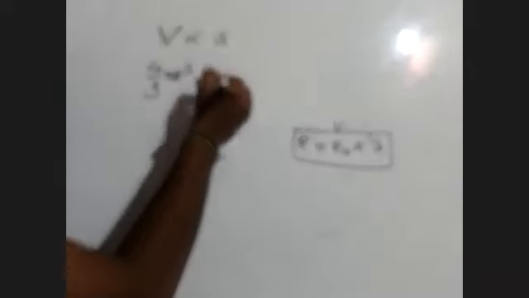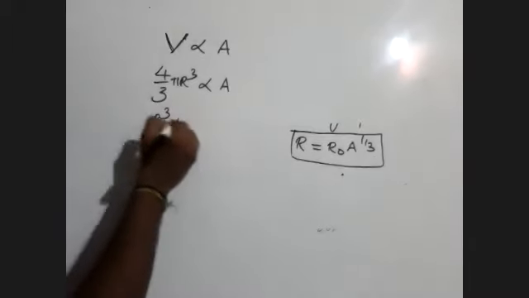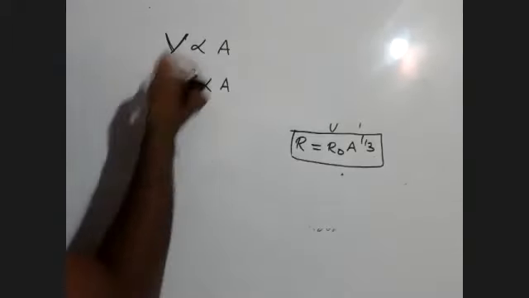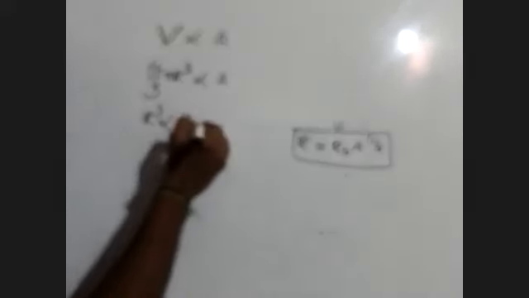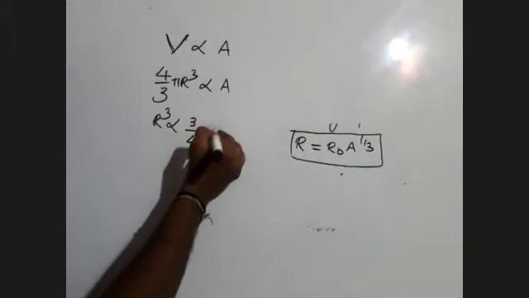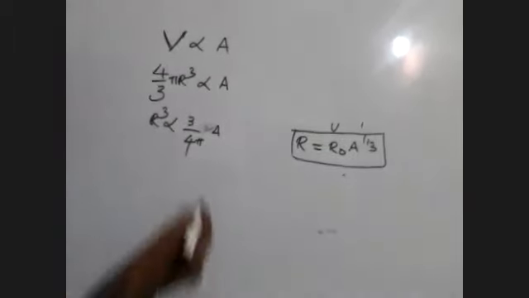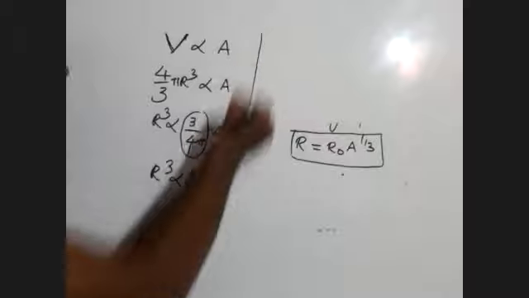This is proportional to A. So r³ is proportional to A, sending 3/4π to the other side. Since it is a constant, I can write r³ is also proportional to A.